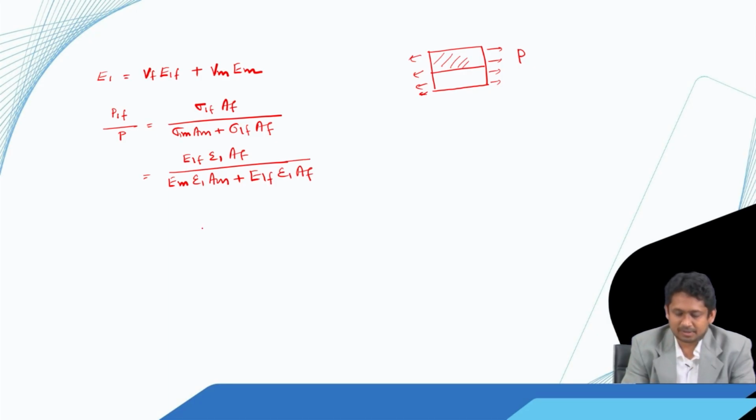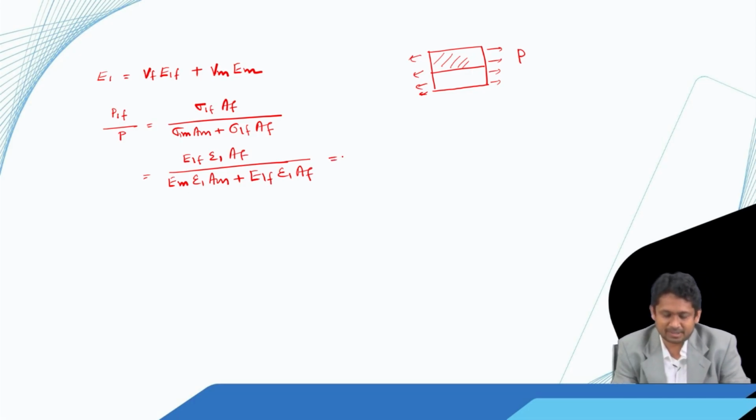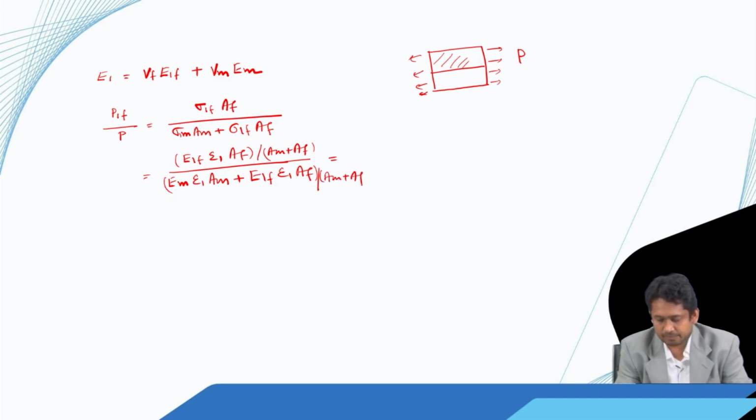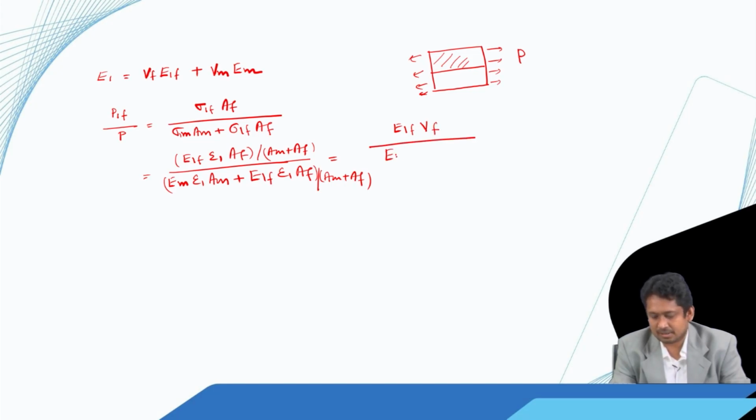Epsilon 1 gets cancelled because it is present in both numerator and denominator, and if I divide the numerator and denominator again by A m plus A f, we get the volume fractions in the numerator and denominator, and that gives us E 1 f multiplied by V f divided by E 1 f multiplied by V f plus E m multiplied by V m.